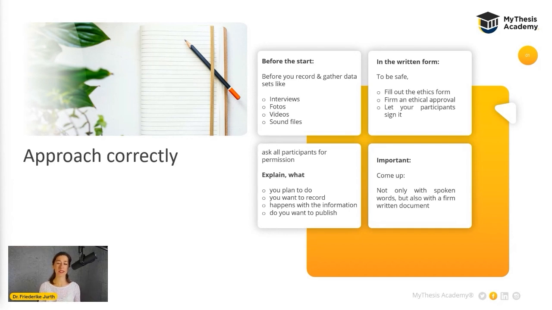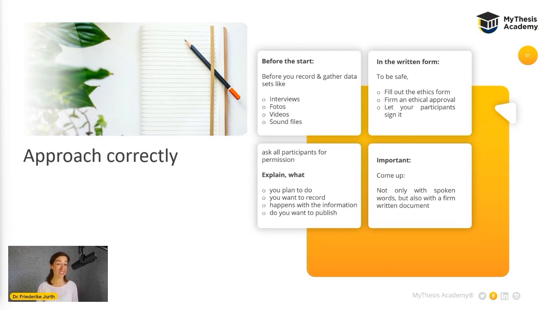The written form is also something which can create a little bit of confidence between you and your participants. Because if you come up with a formal document, well, there are two sides of the story.